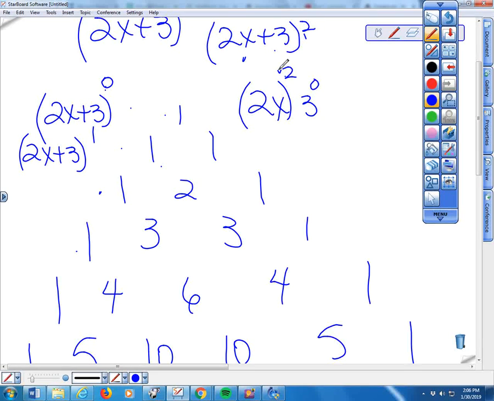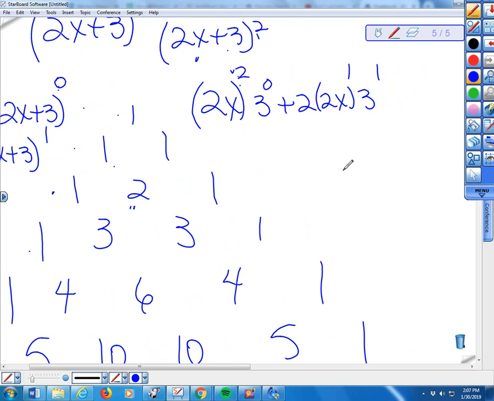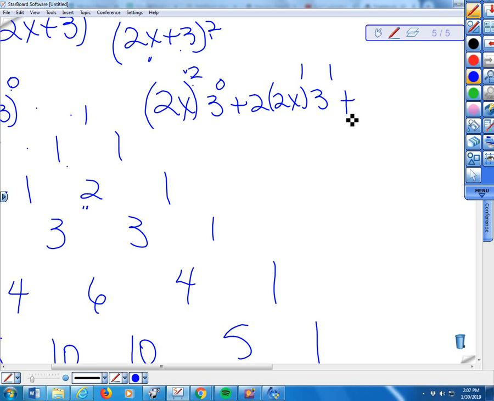My next term: 2 is my coefficient, plus 2, and now I've got 2x raised to the first power and 3 raised to the first power. So I decrease this exponent and increase that one. Then I go on with the pattern: 1 is my coefficient, 2x to the 0 power, 3 to the second power.